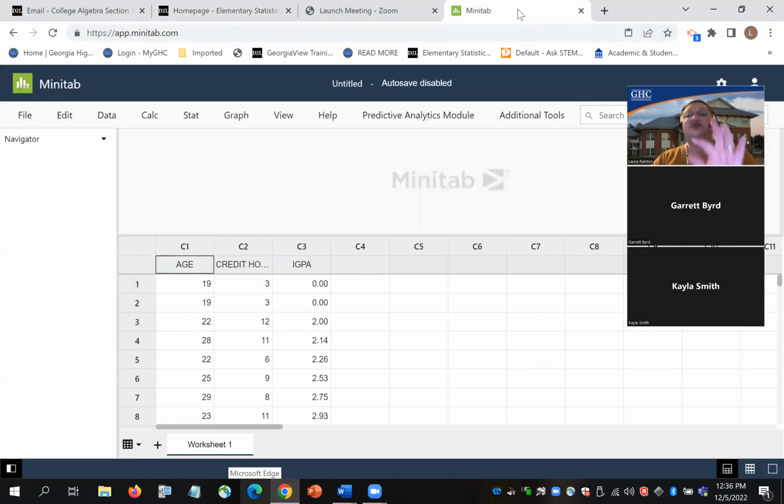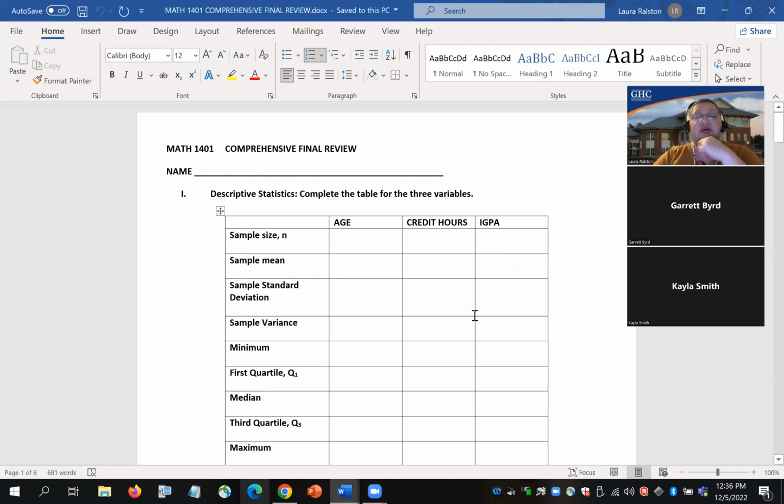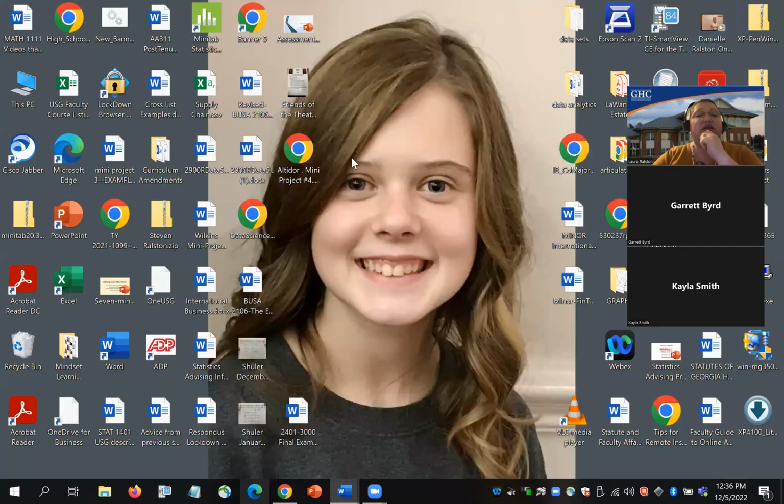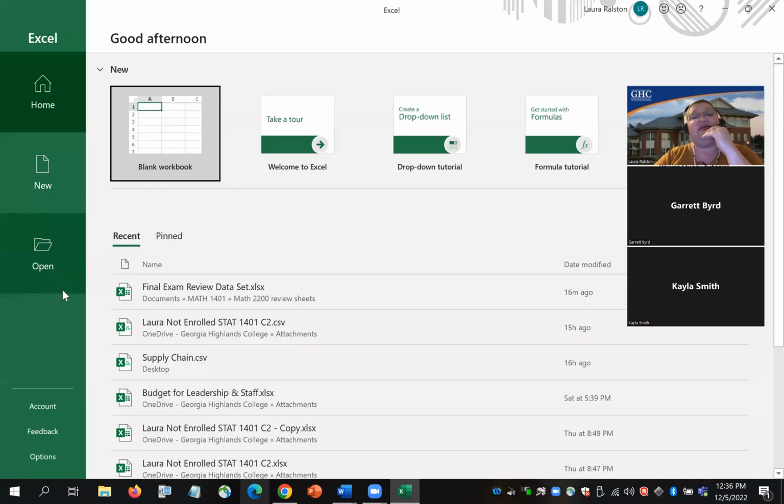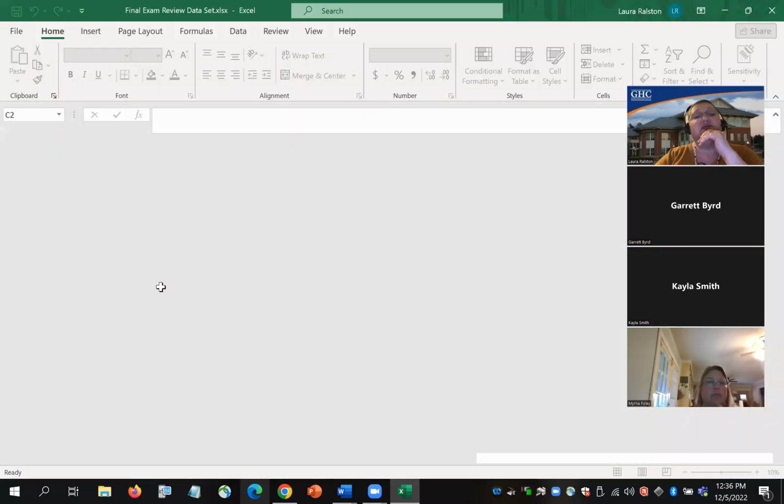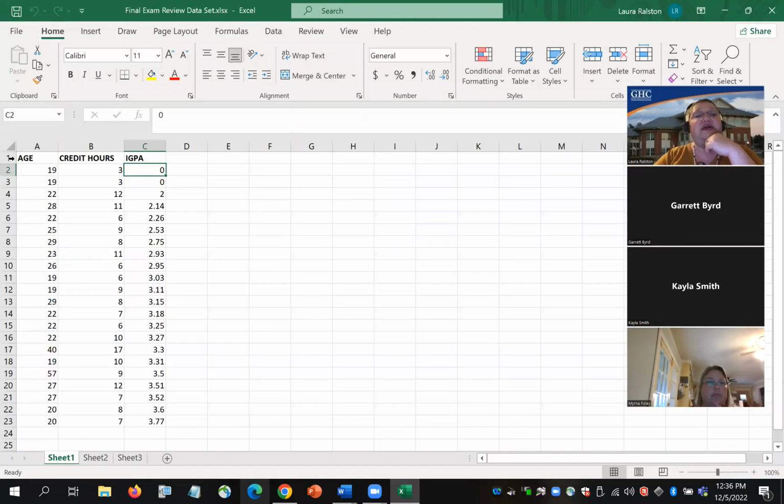You will use your fingers and the keyboard to type the data in. This afternoon, I have copied it. It was given to you, and I think I closed it. Hold on just a second. In an Excel format. And so I took that Excel format and I copied it.